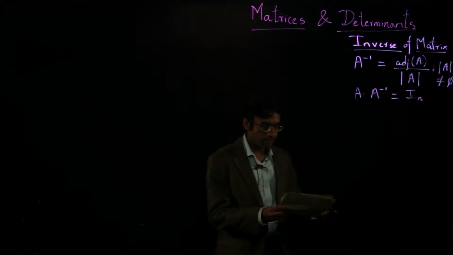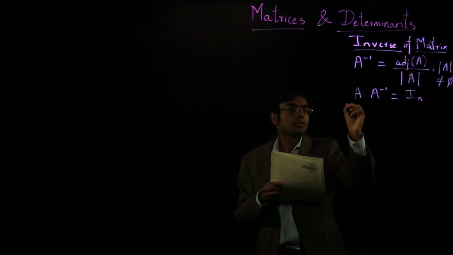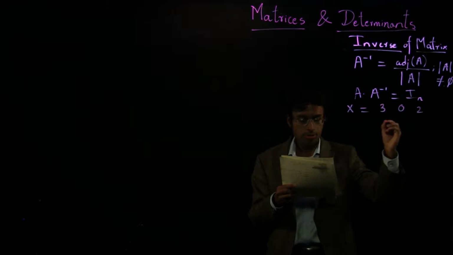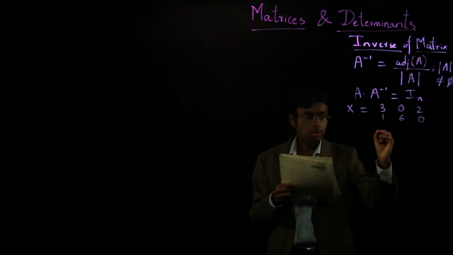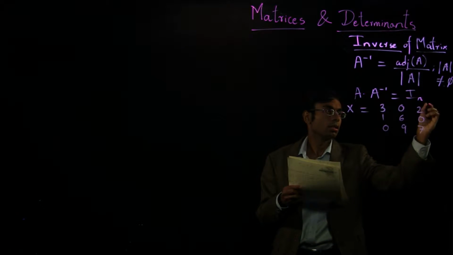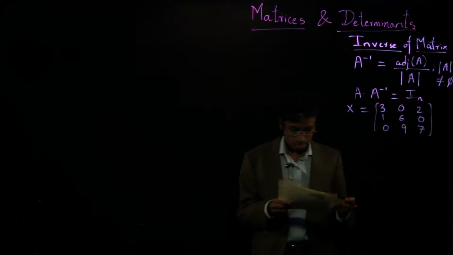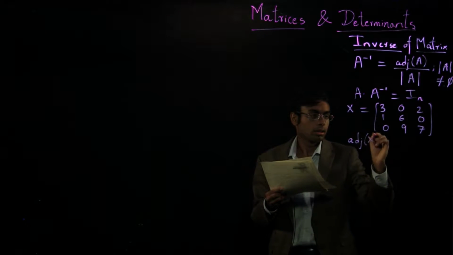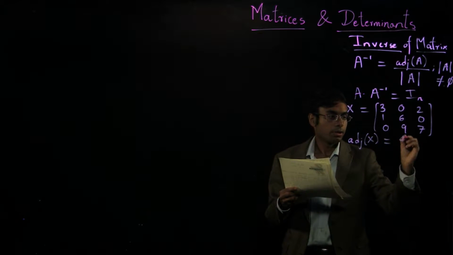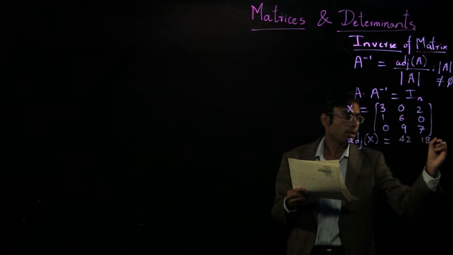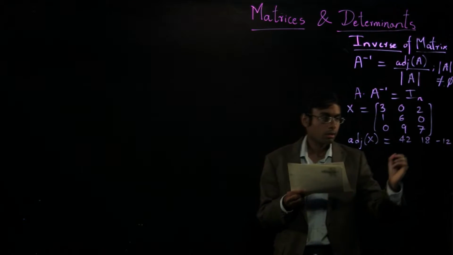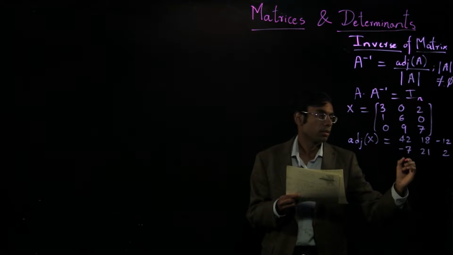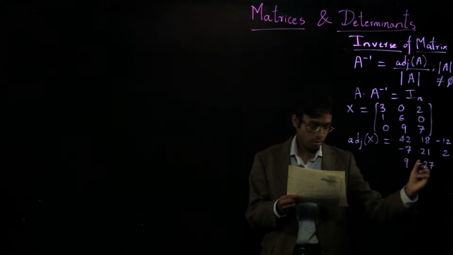So let's take the same example as the previous section. To recall, we had this matrix X as 3, 0, 2, 1, 6, 0, 0, 9, 7, and we calculated in the previous section the adjoint of X as 42, 18, minus 12, minus 7, 21, 2, and 9, minus 27, 18.